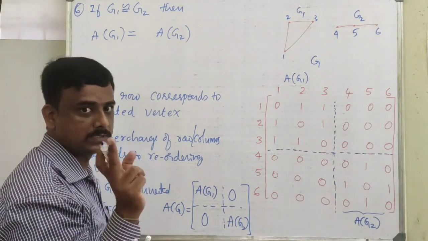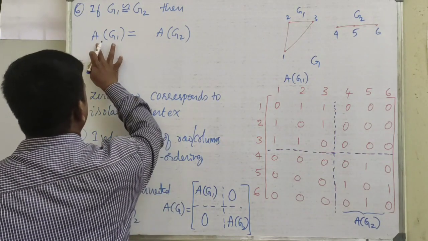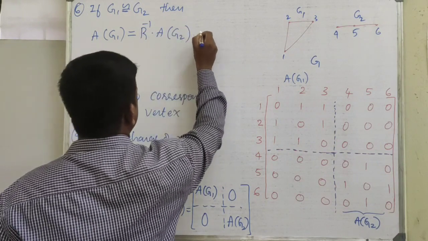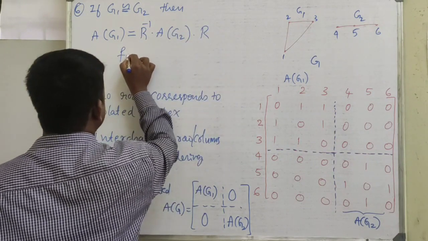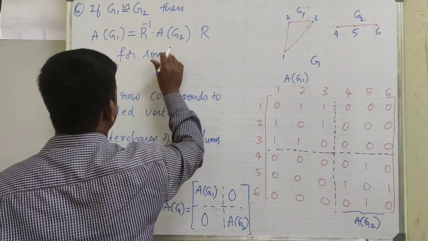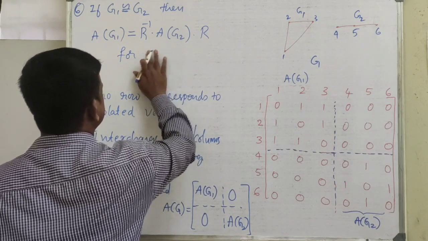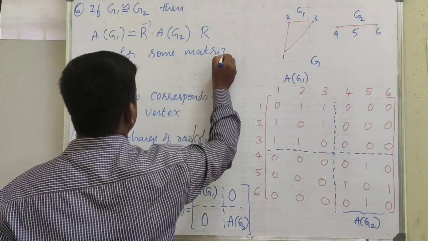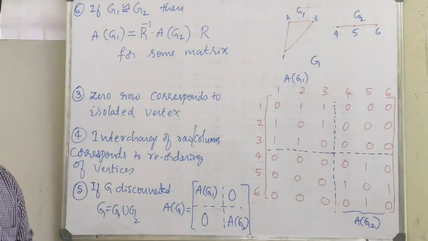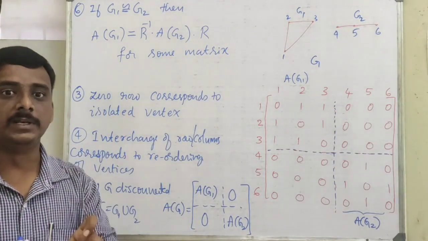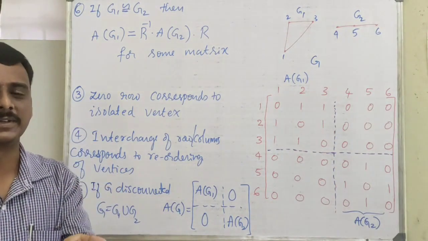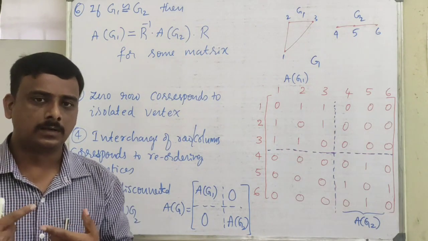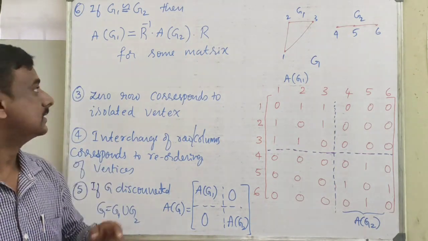Similar matrices we have already studied in your second semester. So A of G1 will be equal to R inverse into A of G2 into R for some matrix R. If two graphs are isomorphic, not symmetric, then the corresponding adjacency matrices are similar.